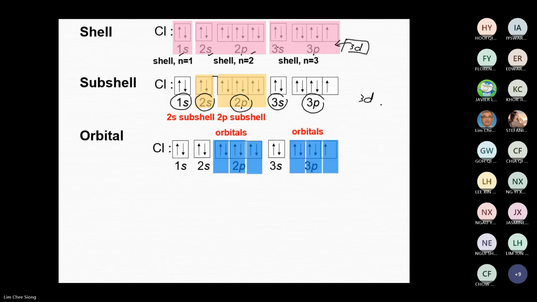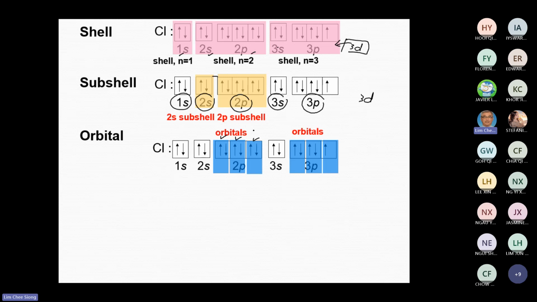Okay, next one. Orbital. Orbital refers to either a subshell or a shell that is occupied by just a box. Okay, here, for example, for p we have orbitals 1, 2, and 3. So this one we call orbital. An orbital can hold a maximum of two spins.